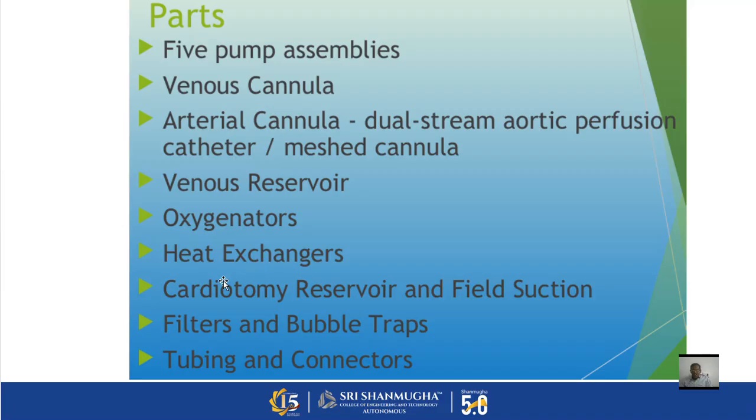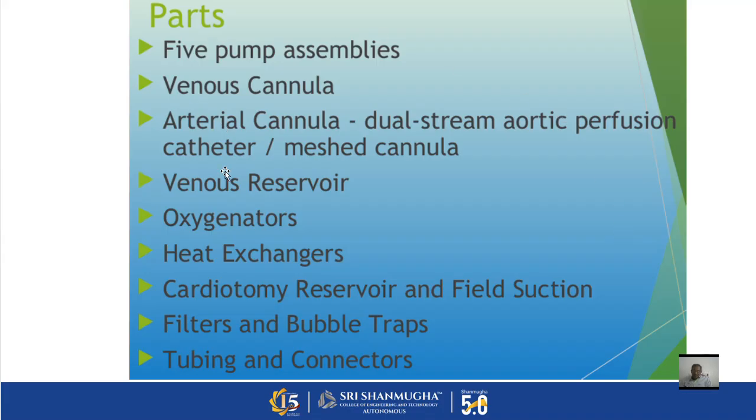The parts are: five pump assemblies, venous cannula, arterial cannula, dual system aortic perfusion catheter, meshed cannula, venous reservoir, oxygenators, heat exchangers, cardiotomy reservoir and field suction, filters and bubble traps, tubing and connectors. These are the main parts of the heart-lung machine.